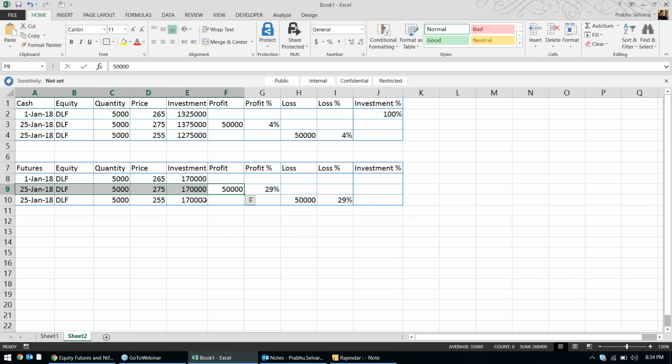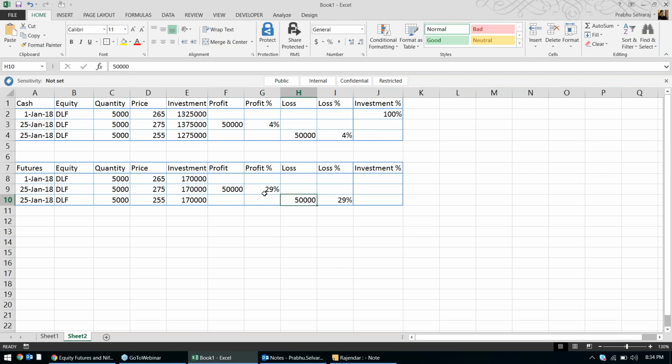Yes, it's simple. I invested 13,25,000 rupees in the cash market to buy 5,000 shares. But I'm a smart trader. I invested only 1,70,000 and bought the same 5,000 shares of DLF. Stock has gone up by 10 rupees, I got a profit of 50,000. Stock has gone down by 10 rupees, you make a loss of 50,000 rupees.